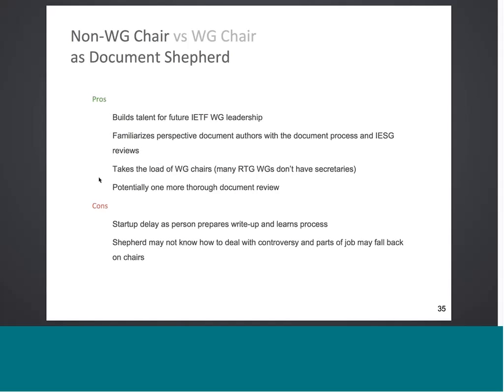And by making them the shepherd, you get somebody with that particular skill to review it as well. The other pros are it builds talent for future working group leadership, either in your working group or another routing working group, and it also gets more people involved in the document process as a whole and IESG reviews.